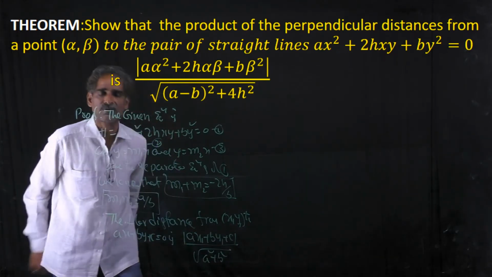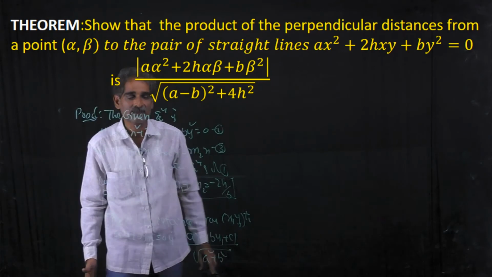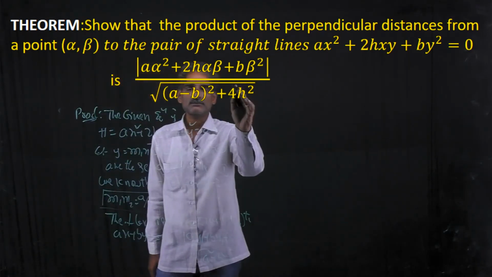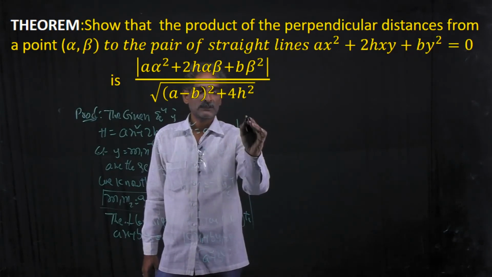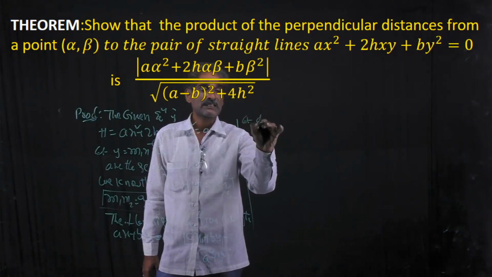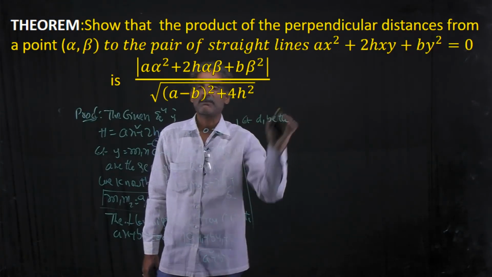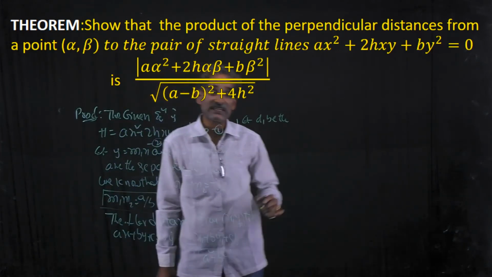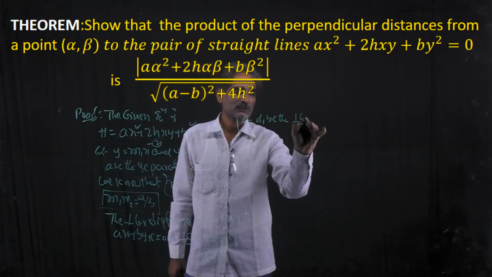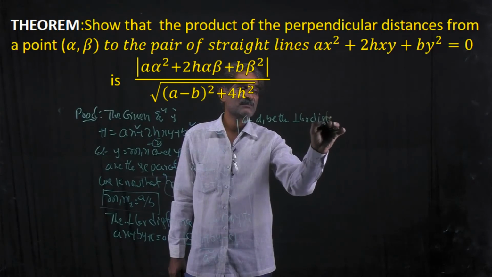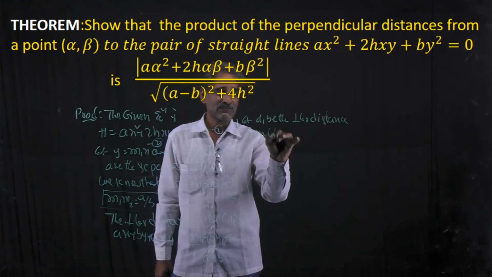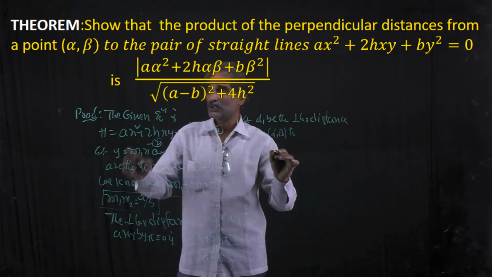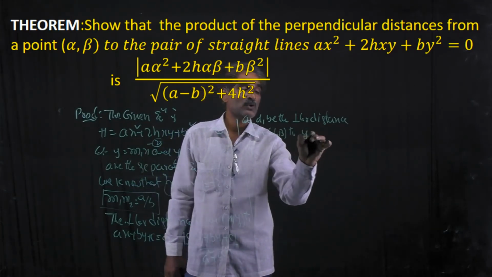This is the formula for the perpendicular distance from a point to a line. Here, let d1 be the perpendicular distance from (α, β) to y = m1x.